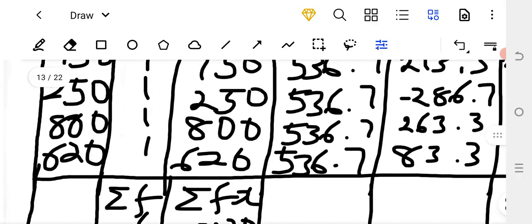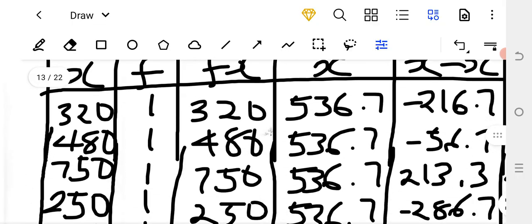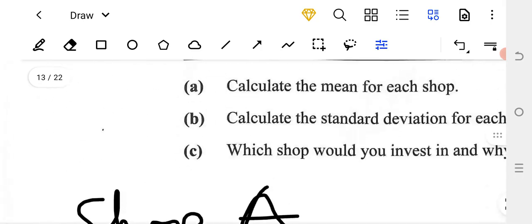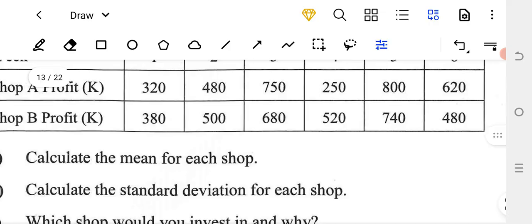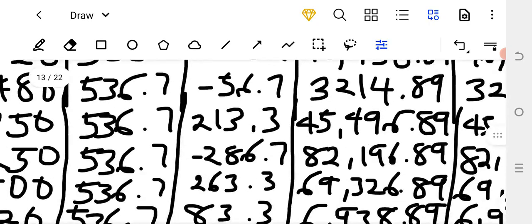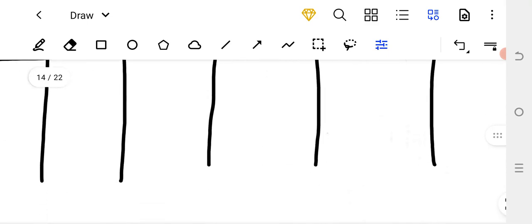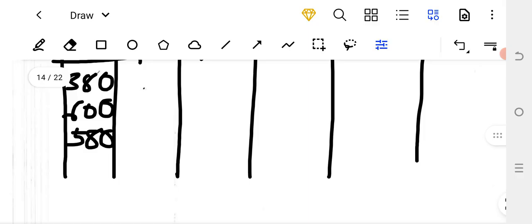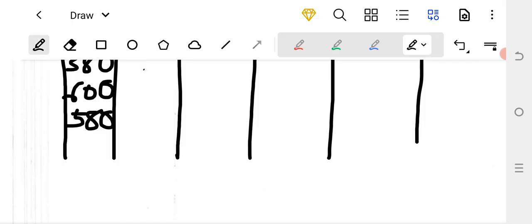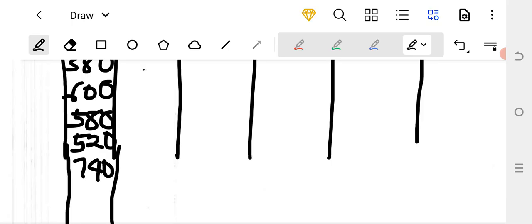Then your three more values are 52, 74, 48.